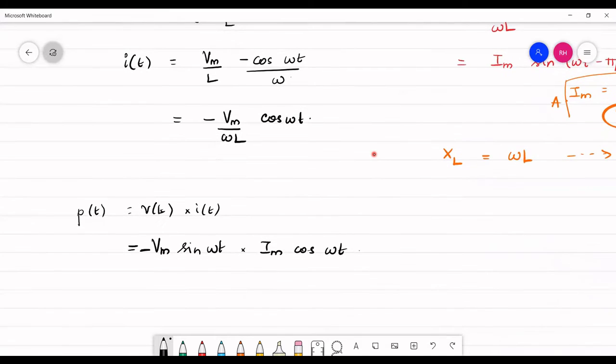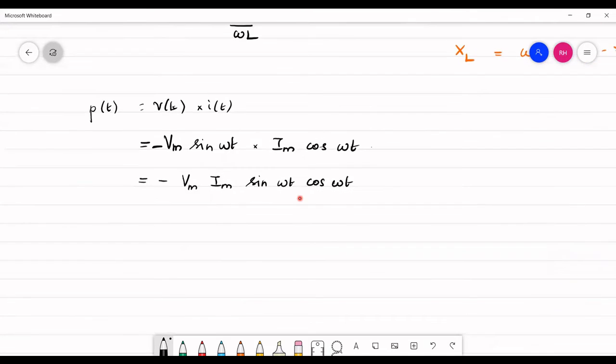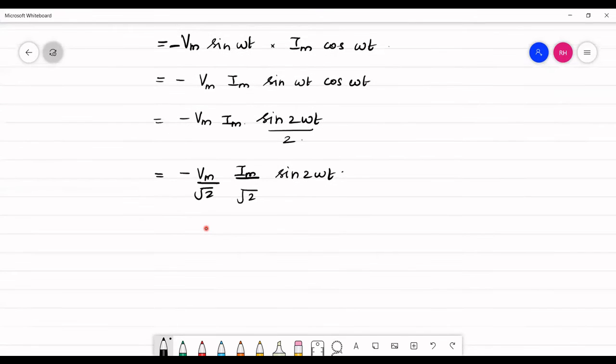Now after substitution, let us simplify. It is minus Vm Im sine omega t cos omega t. So sine omega t cos omega t is equal to sine 2 omega t divided by 2. So the expression goes as minus Vrms Irms sine 2 omega t.